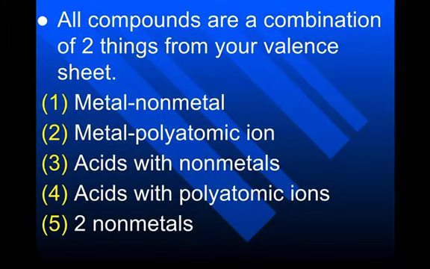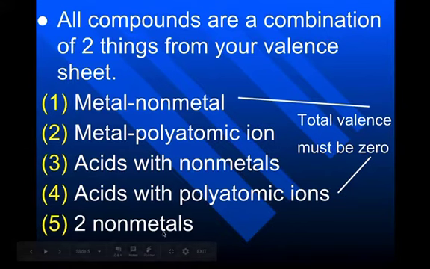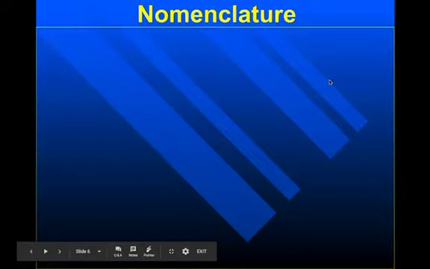We'll discuss those later. For today, let's talk about type 1 through 4. Actually, today we'll just talk about the first type, but I do want to tell you that in these first 4 types, all of them except 2 nonmetals, the valence has to add up to 0. We'll talk about what's happening with 2 nonmetals later, but for now, keep that in mind.